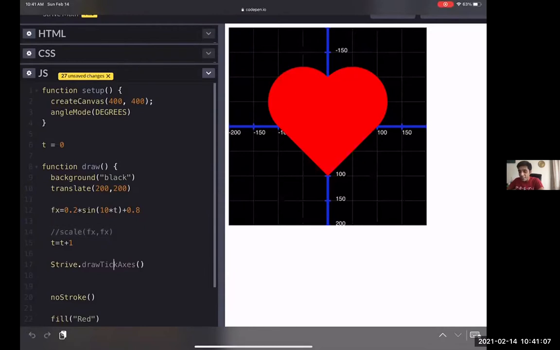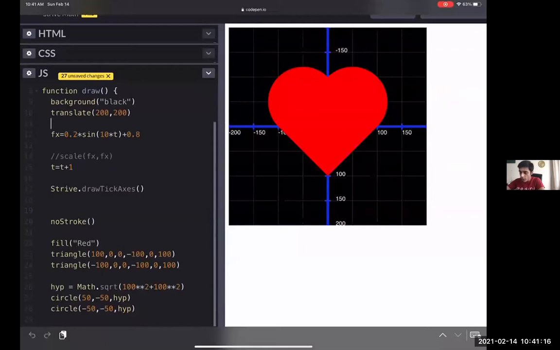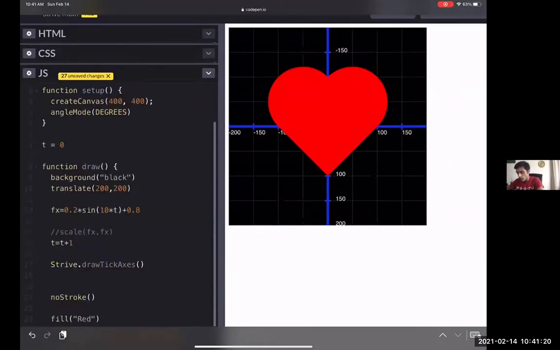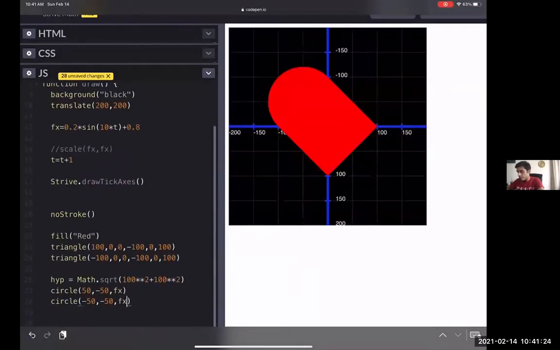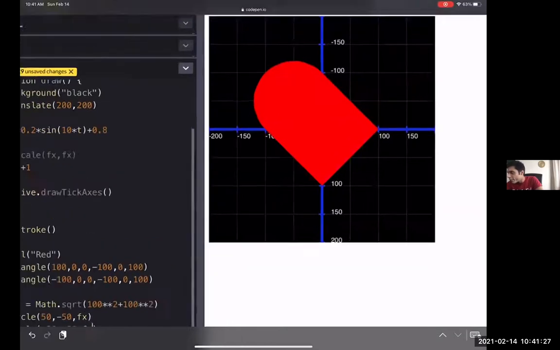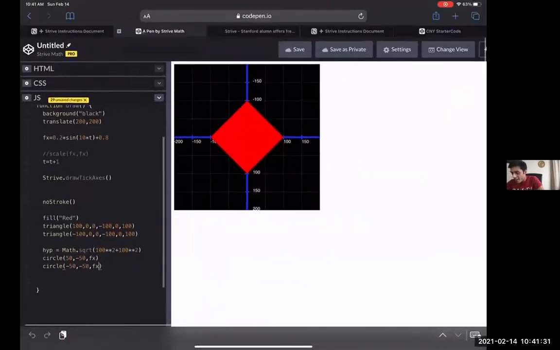What I can do is put my f of x in different places in the code. Let's try it in here. Instead of hypotenuse, let's try f of x here. Oh, cool. So you're seeing this tiny circle in there that's changing.